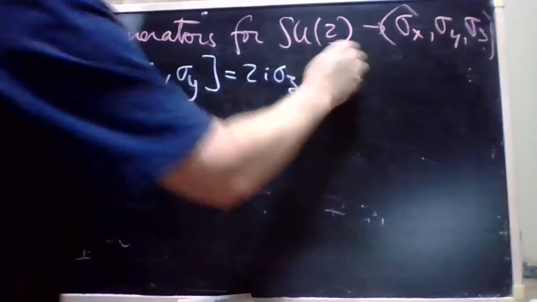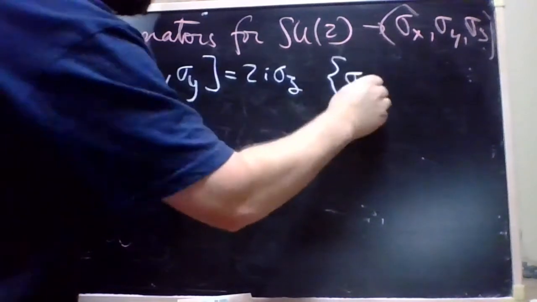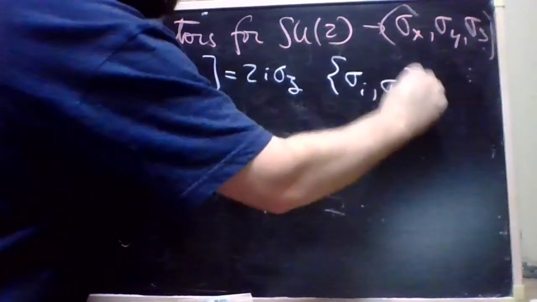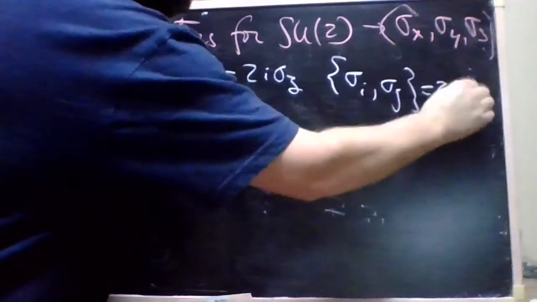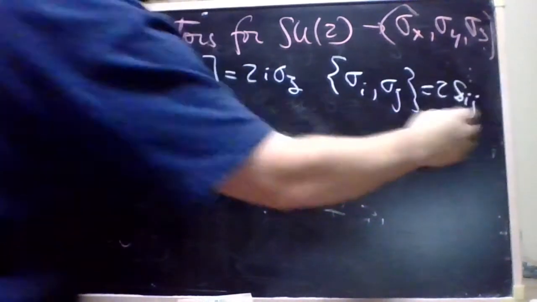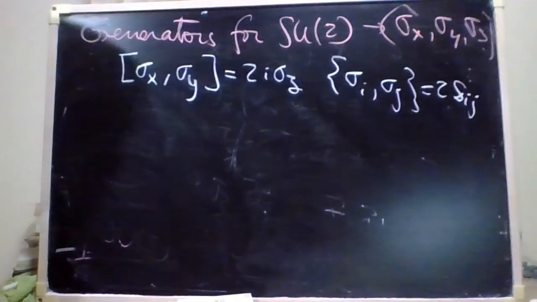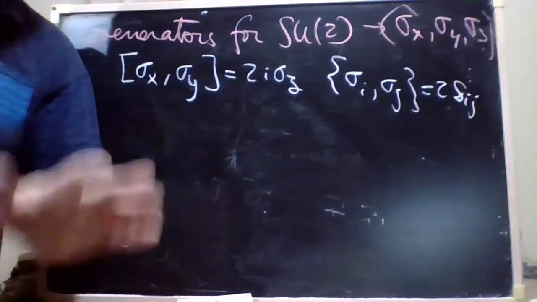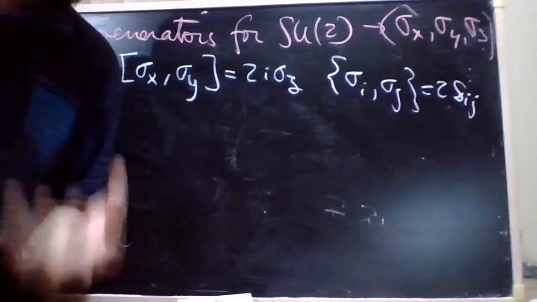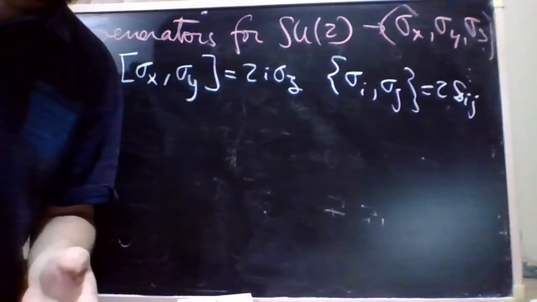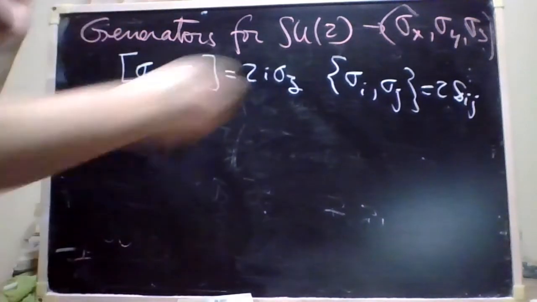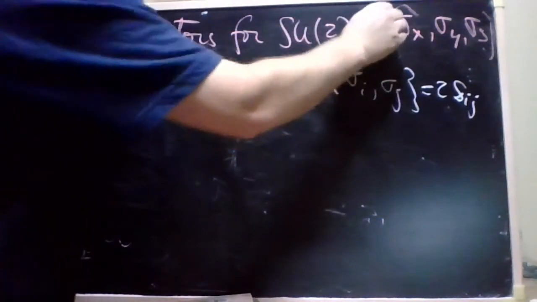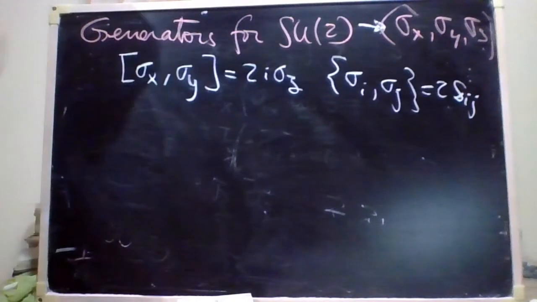They have the property of being anti-commuting matrices. This is a Kronecker delta. But that's it for rotations. I want you to understand that Pauli matrices can represent rotations. They are generators for rotations.